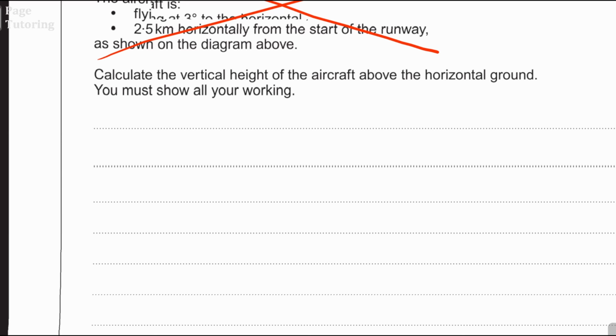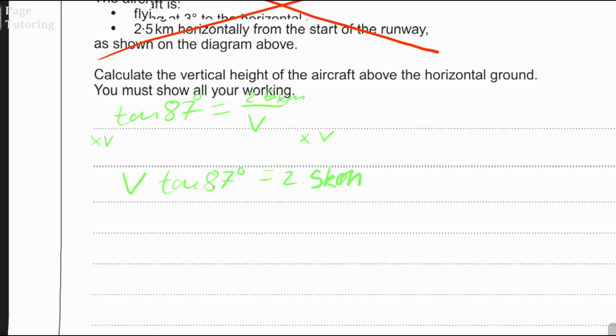To get V, we're just going to multiply each side of that equation by V. So I'll rewrite it out again here. So tan 87 equals 2.5 kilometers over V. So we're going to times both sides by V, so we'll get V tan 87 equals 2.5 kilometers.